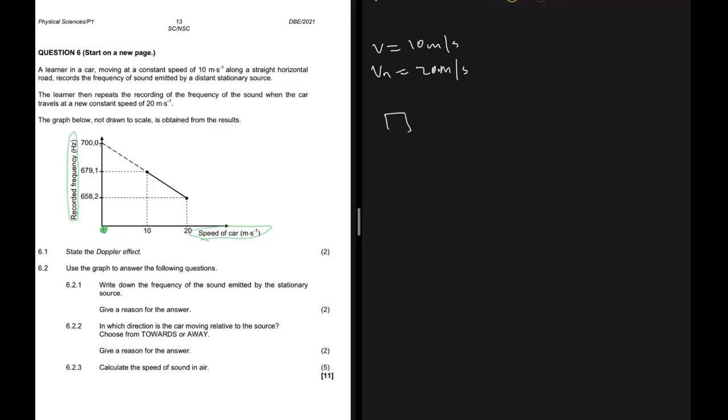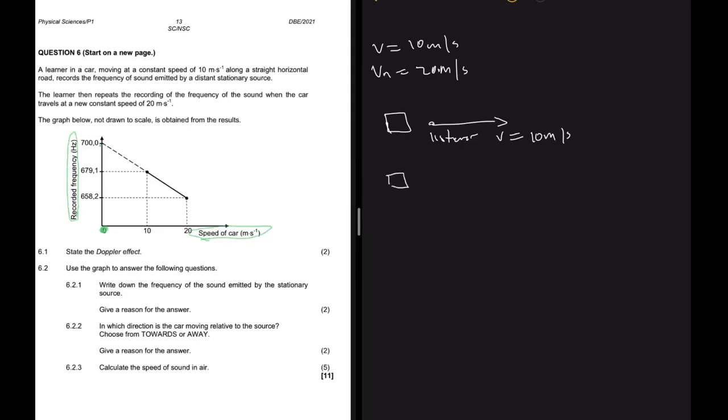So this question is saying that this sound source is stationary. What is moving away is the listener, right? In the first scenario, the listener is moving away at a velocity of 10 meters per second.